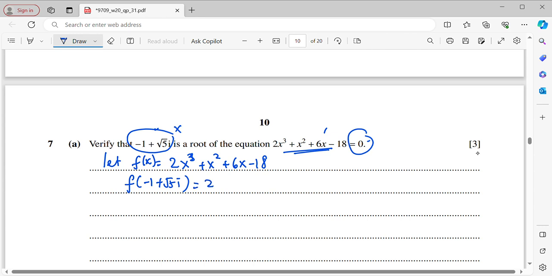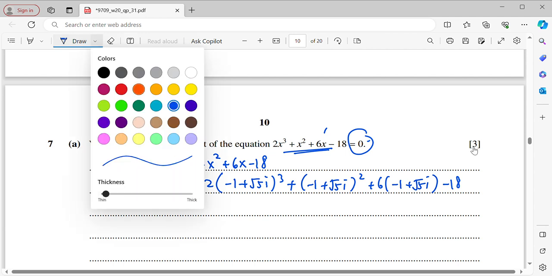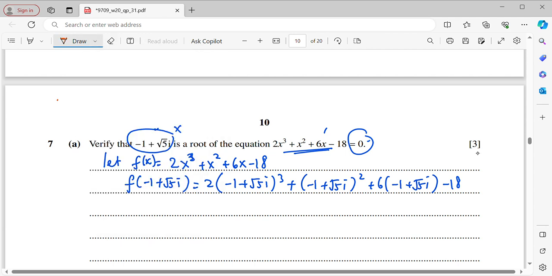Then here is going to be 2 bracket minus 1 plus square root 5i cube plus minus 1 plus square root 5i squared plus 6 times minus 1 plus square root 5i, then minus 18. Now, for the cube, I will use the binomial expansion, or probably I will just use the Pascal triangle.